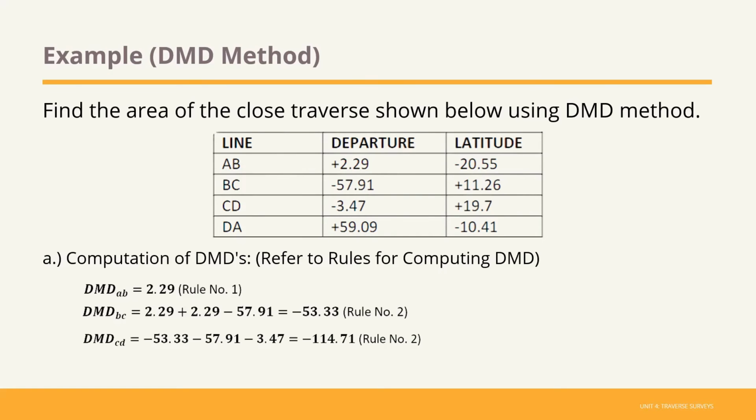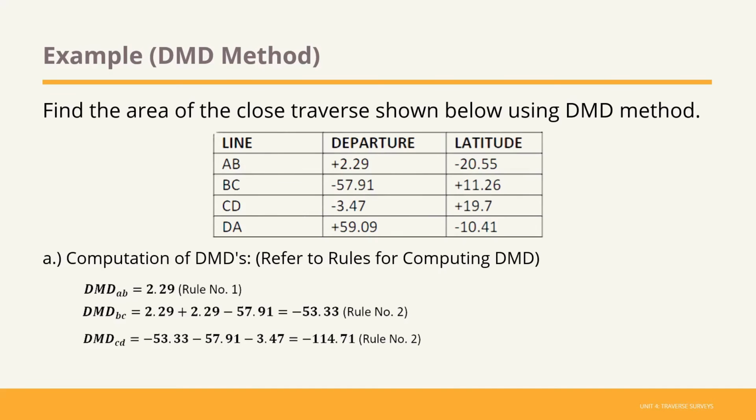Next is the DMD of the line CD, which also applies rule number 2. Again, the DMD of CD is equal to the DMD of the previous, which is negative 53.33, that is the DMD of the line BC, plus the departure of the previous, which is negative 57.91, plus the departure of the course itself, which has a value of negative 3.47.